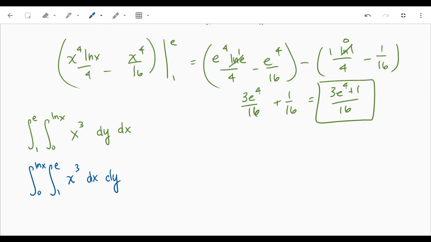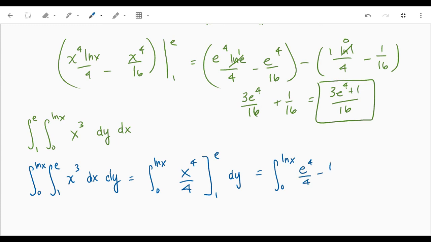At first you're okay. You have x to the 4th over 4, you evaluate from 1 to e. We'll have e to the 4th over 4 minus 1 over 4.